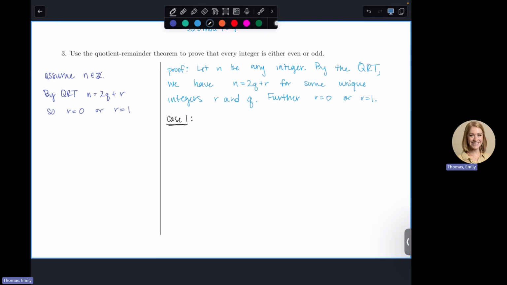I'll tell you what this is in just a moment. Let r equal 0. Then n is equal to 2q. Since q is an integer, n is even.